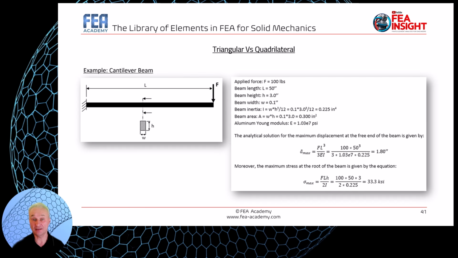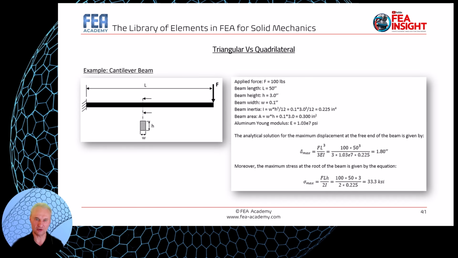So to obtain an accurate bending response, numerous triangular elements must be used. Quadrilateral elements do not have this overstiffness issue and are the best candidates for capturing the bending stresses in a 2D mesh structure. So here I'm going to illustrate that with a very simple problem, a cantilever beam.